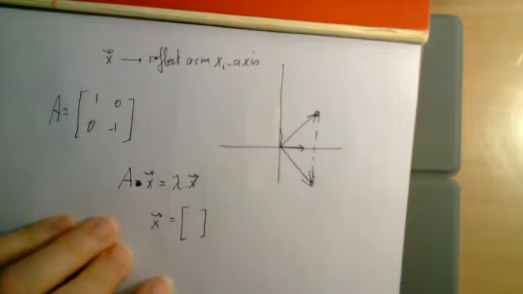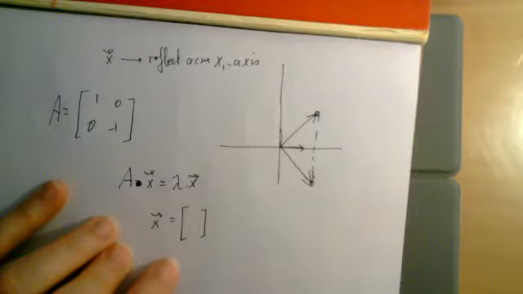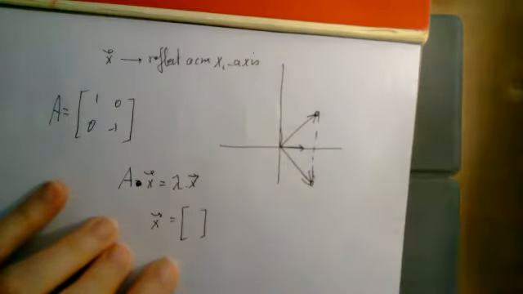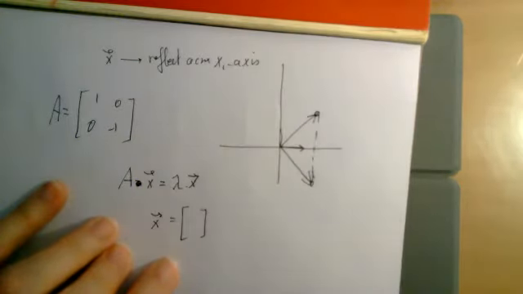Think geometrically, because the whole point of this lecture is how to find this stuff algebraically. So for this one, I wanted you to think a little bit geometrically. Think of a vector when you reflect it. Any idea? It's not very hard.